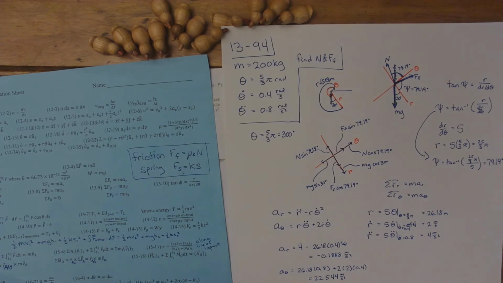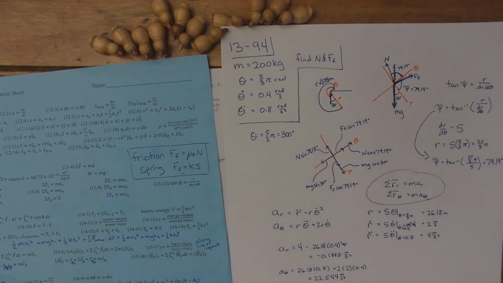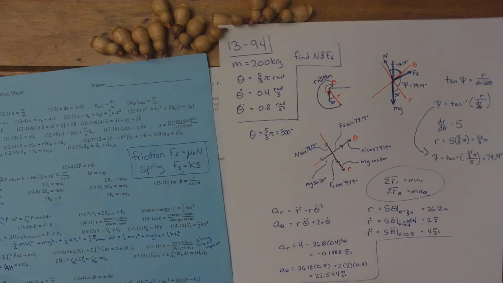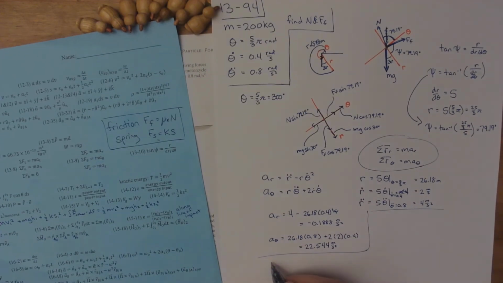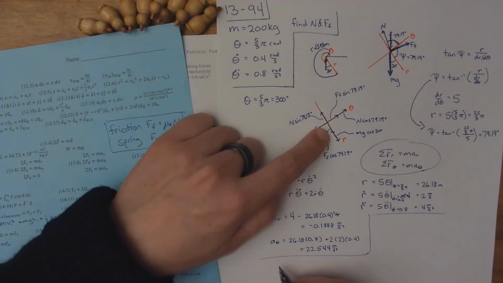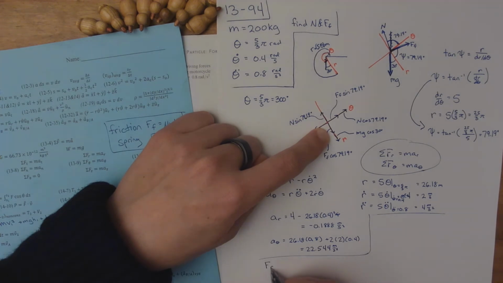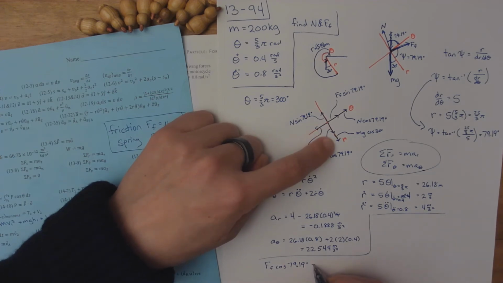I have my components for the forces. So now I can go ahead and use Newton's second law here. So the sum of the forces in the radial direction, in the positive radial direction, I have the force of friction times cosine of 79.19 degrees plus mg. Do I know what that is? Yes, I do.